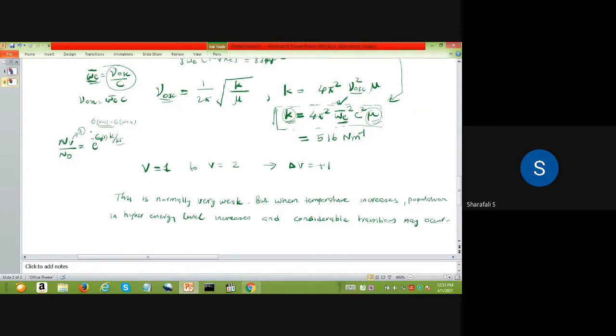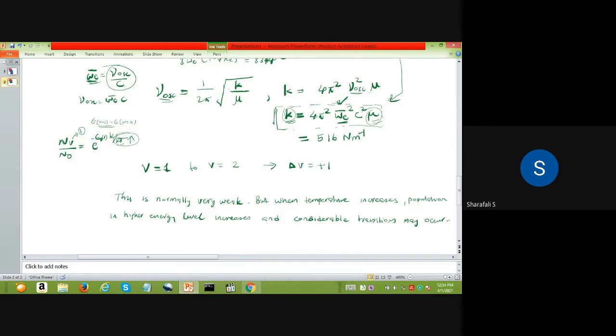But this is very weak because when you are considering V equal to 1, V equal to 2, V equal to 3 cases, we have very little population in those energy levels at room temperature. But when you increase your temperature, the T in this kT is going to increase.